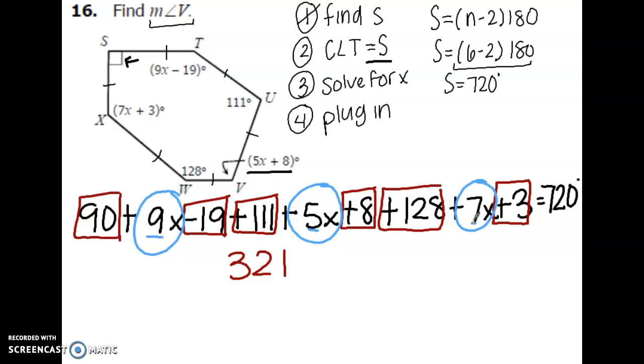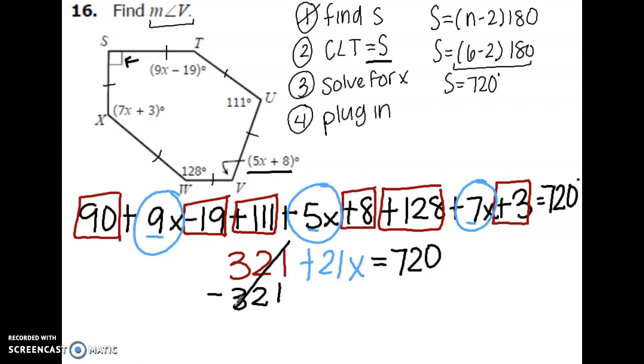Some of you like putting 7x on your calculator. That's going to give you an error. So once you put all those X's together, you should get 21x. And remember, you are setting it equal to your S. So all of these are equal to 720. From then on, super easy. All you have to do is get rid of this 321.